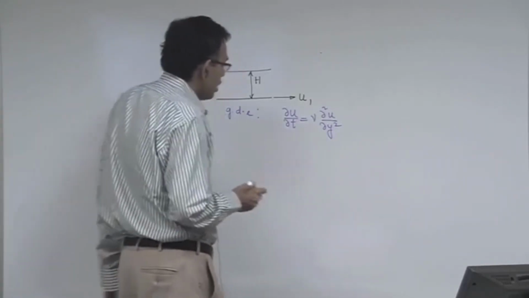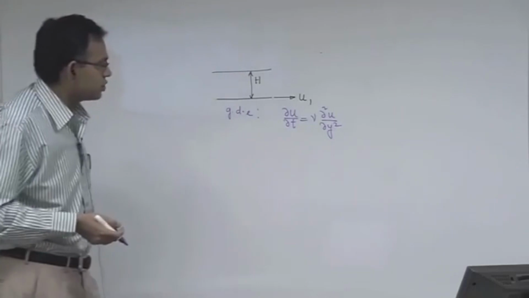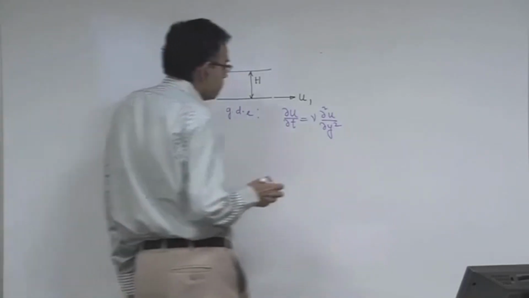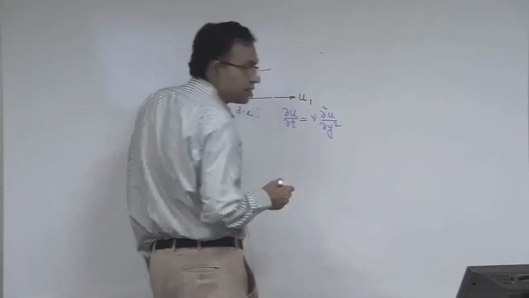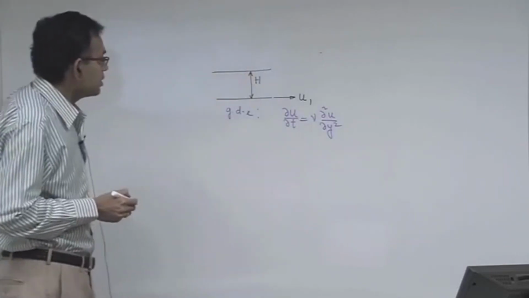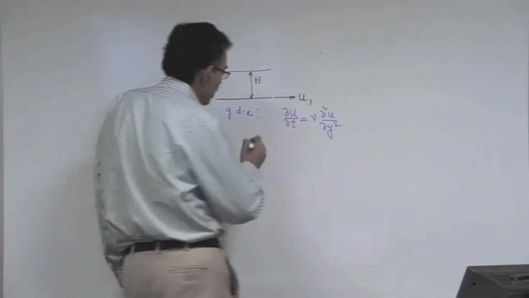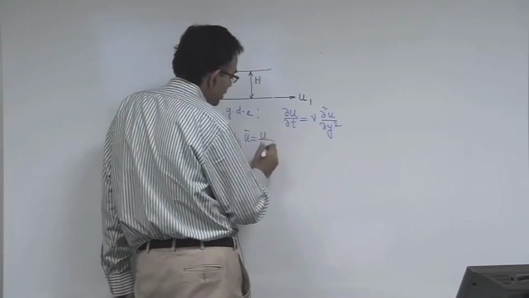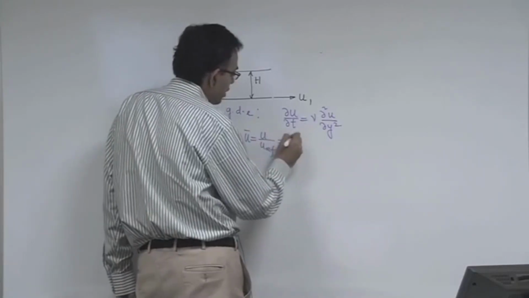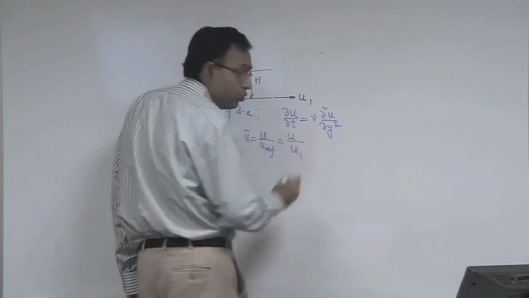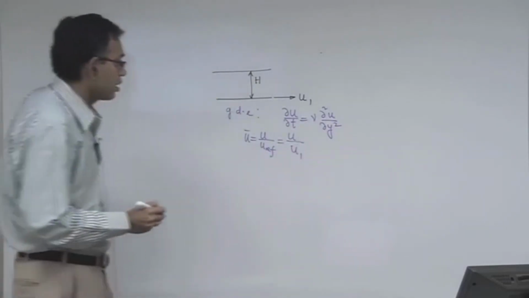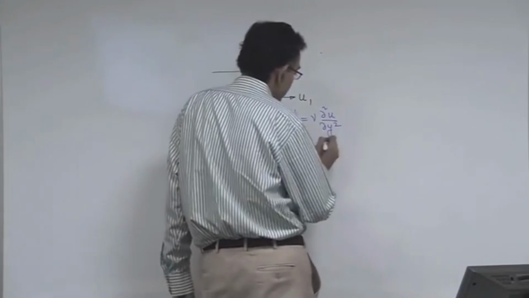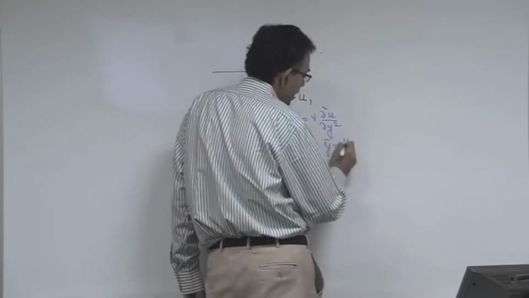Now, before moving on to the steady state solution, we will non-dimensionalize this problem. So, we define u bar as u by u reference. There is a natural reference velocity scale, which is u1. y bar is y by h.